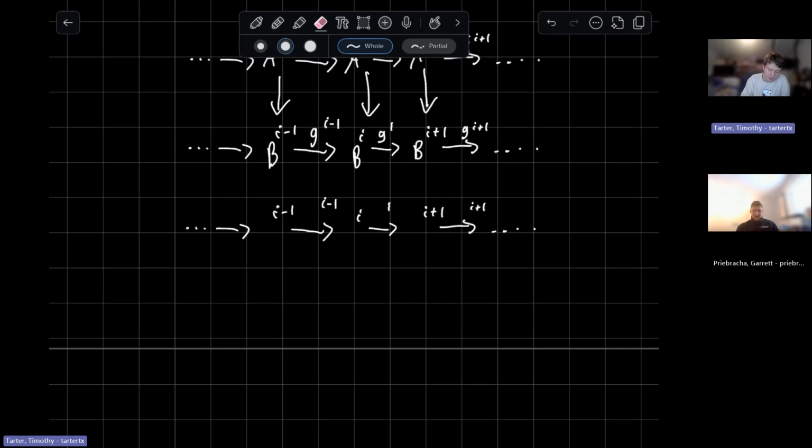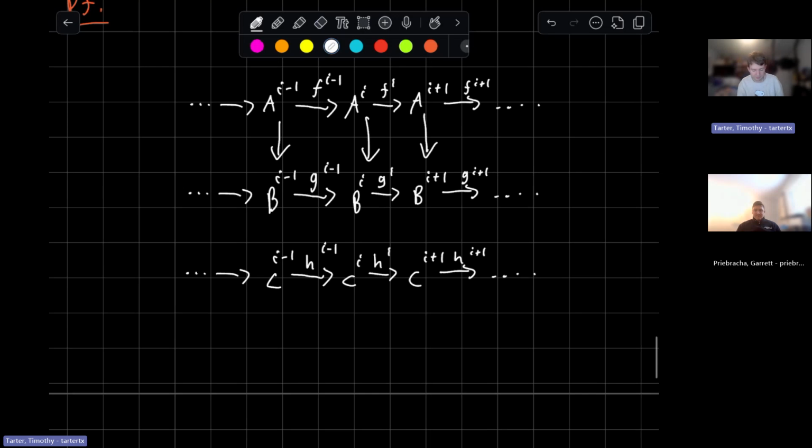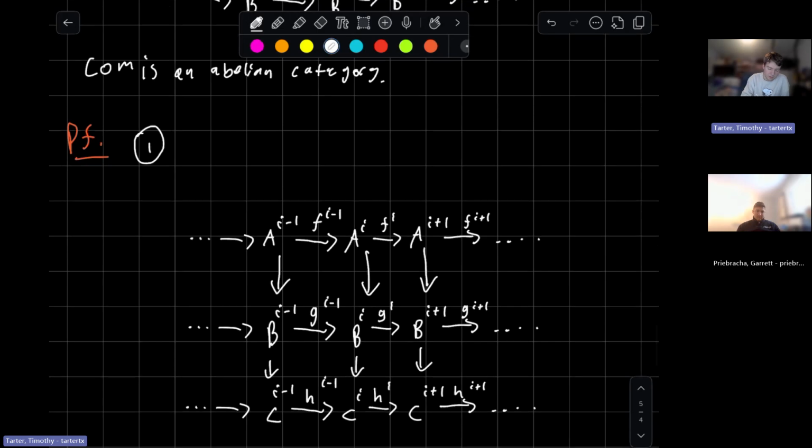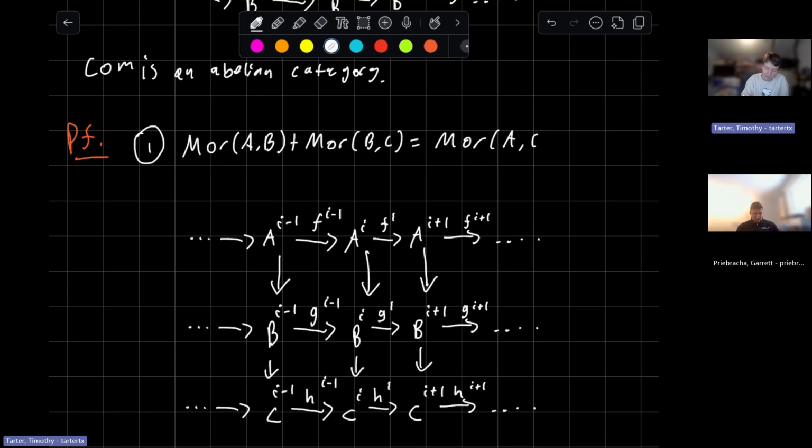Okay, so now we want C and H and C and H and C and H, and we want morphisms down because we want to show that Hom(A,B) plus Hom(B,C) is equal to Hom(A,C).